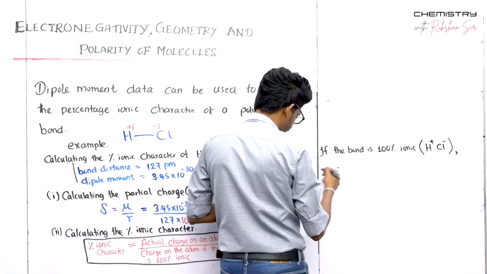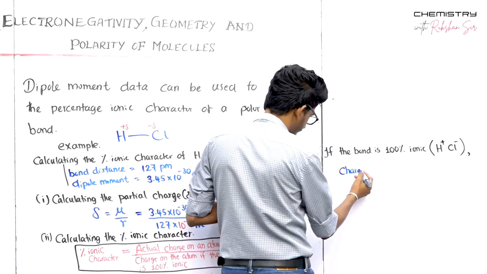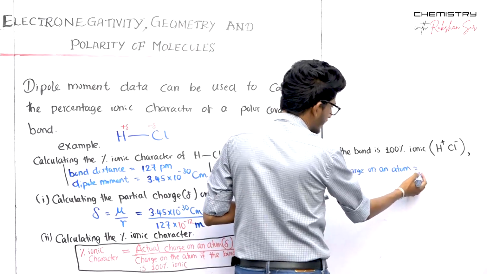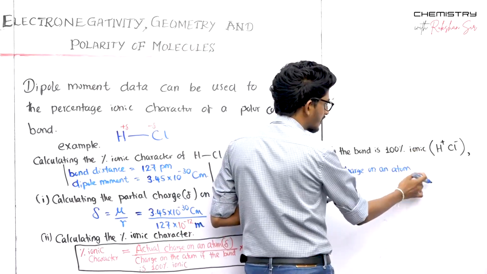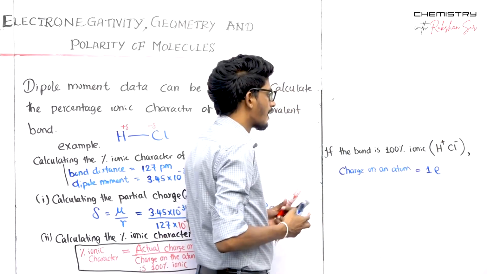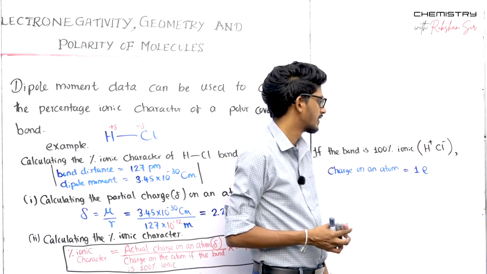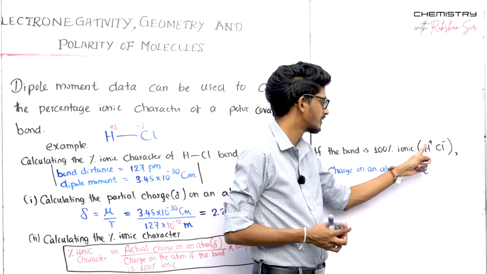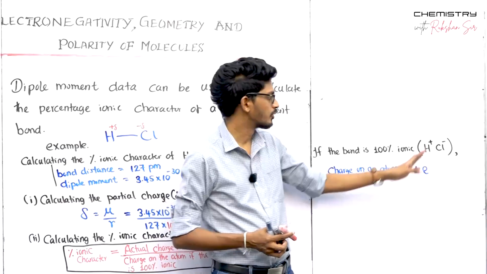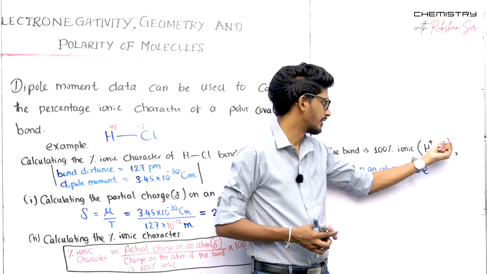then the charge on an atom is equal to what? One unit. So one can write 1 into the smallest charge unit. The actual charge is not the relative +1 and -1. The actual charge is 1 into the electronic charge, and minus 1 into the electronic charge.